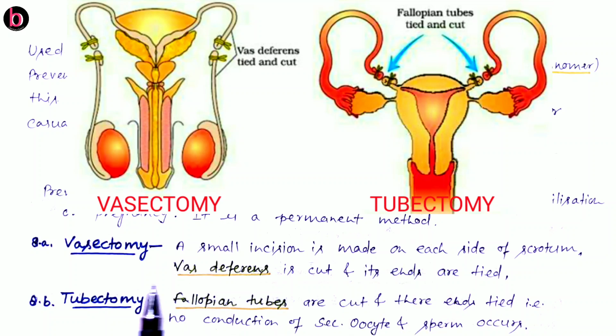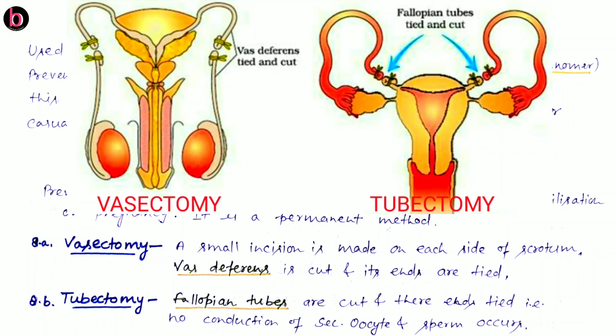In the case of males, this sterilization is known as vasectomy. In this case, a small incision is made on each side of the scrotum and the vas deferens is cut and its ends tied up. That causes no conduction of sperm from the testis to the urethra because of the blockage.